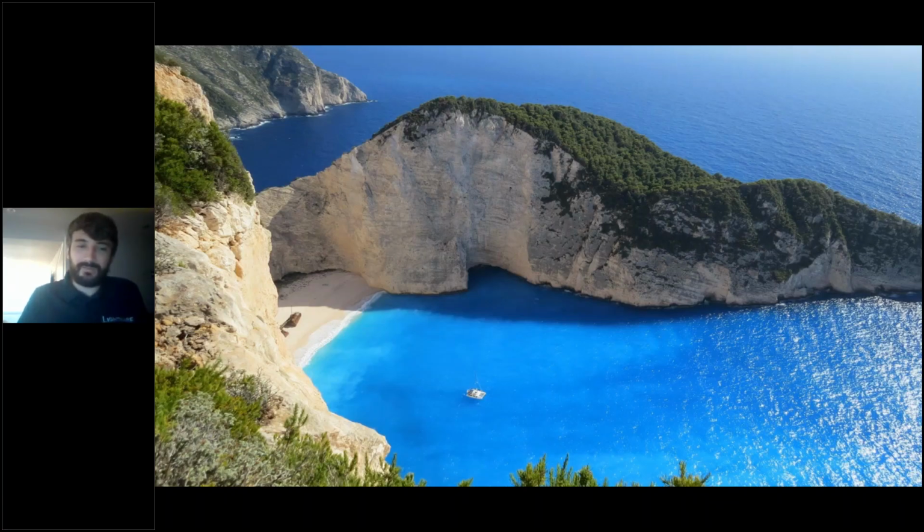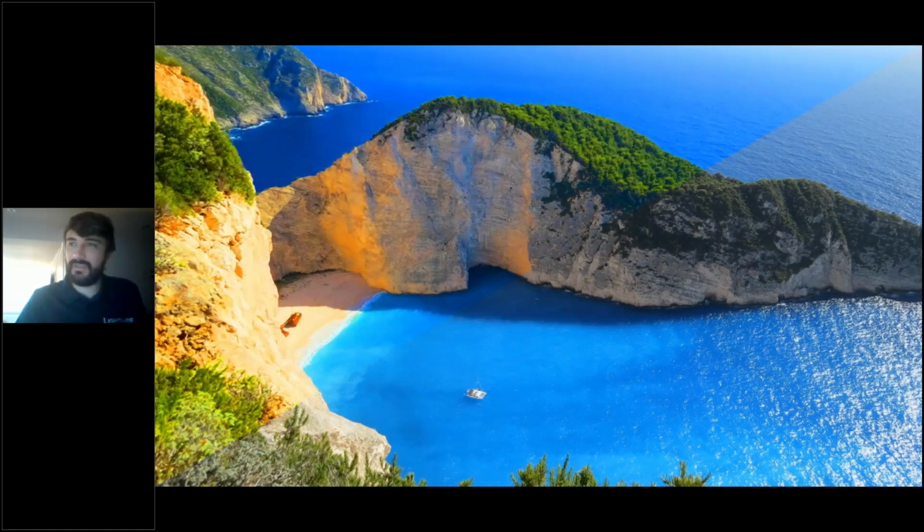What a lot of people will do in that situation is set the colors to maximum saturation and try to make it pop as much as possible. Here you can see the two images side by side. In this particular example, with the oversaturated colors, you can tell it's not real, but it doesn't look too bad.